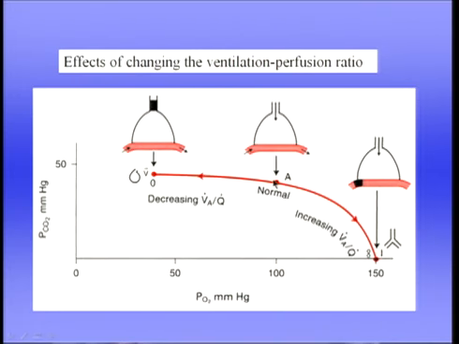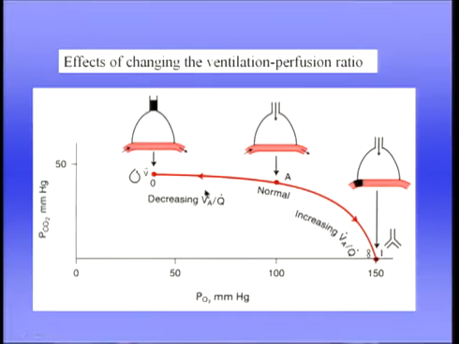As you gradually increase the ventilation perfusion ratio, you end up eventually with a PO2 of 150 and a PCO2 of 0.